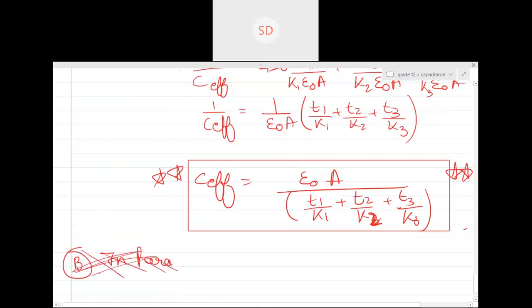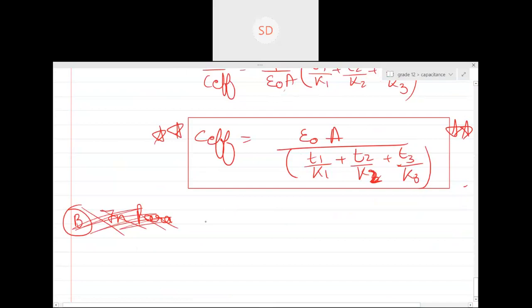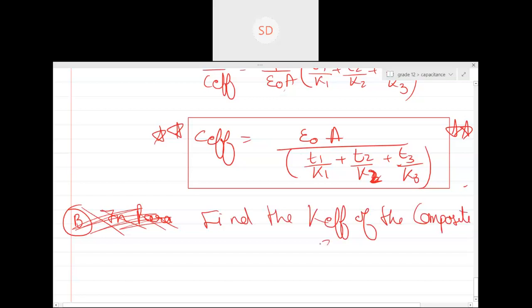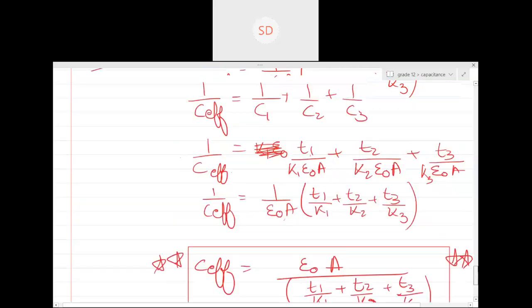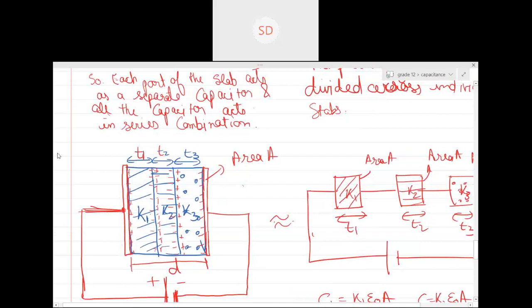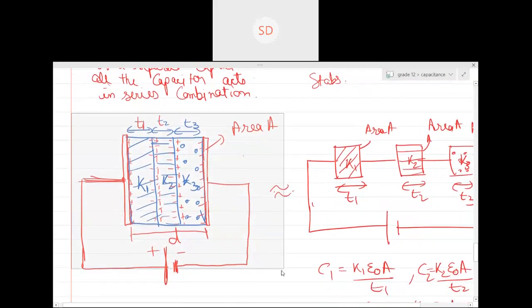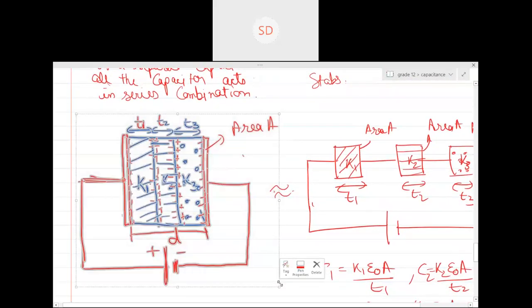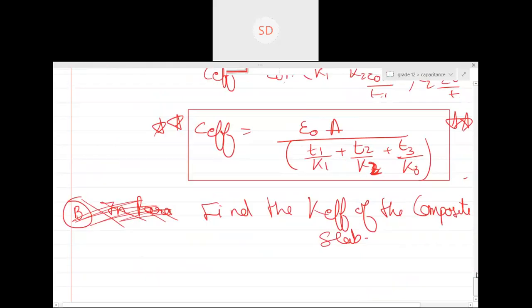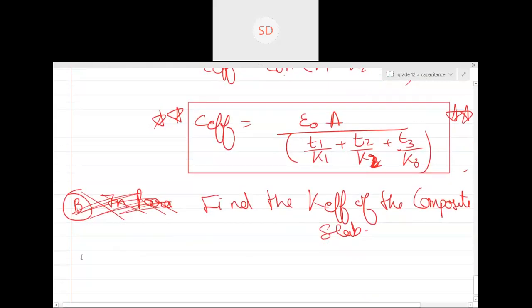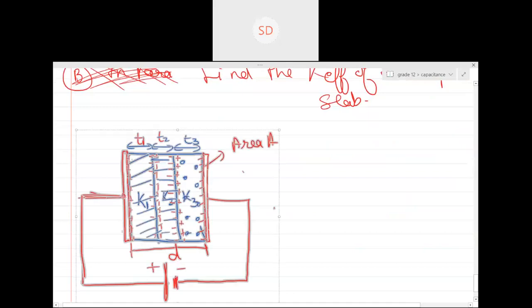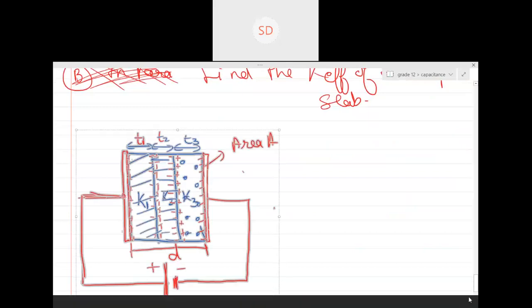Before doing it in parallel, sometimes people say, sir, find out the effective dielectric constant. Find the K effective of the composite slab. Such a question they also generally ask. That implies what exactly you are doing. I want, let me make it a little smaller, is that okay?